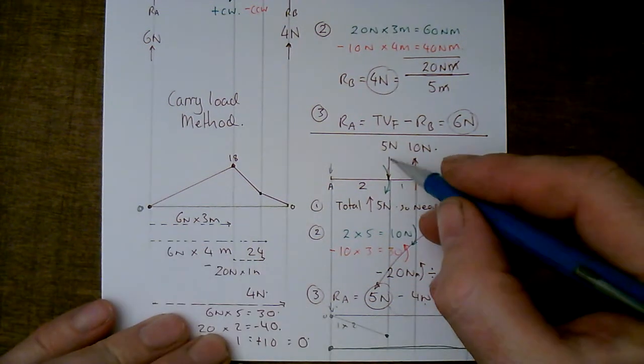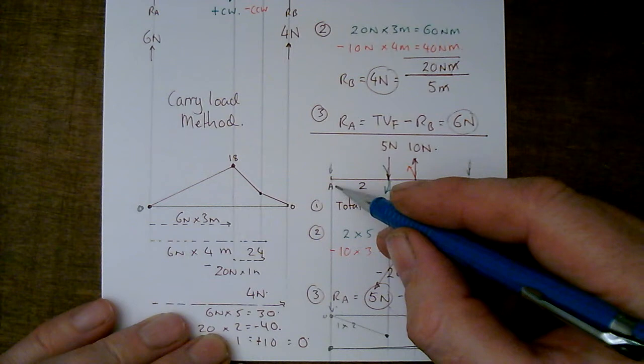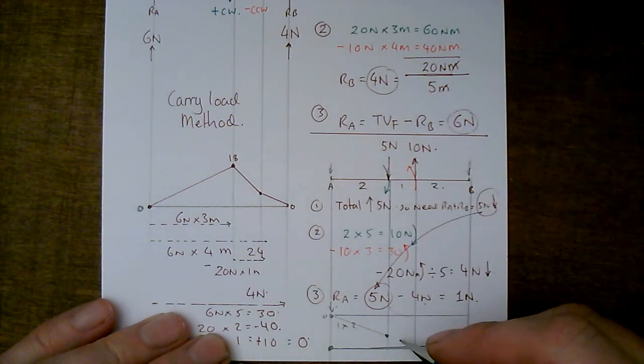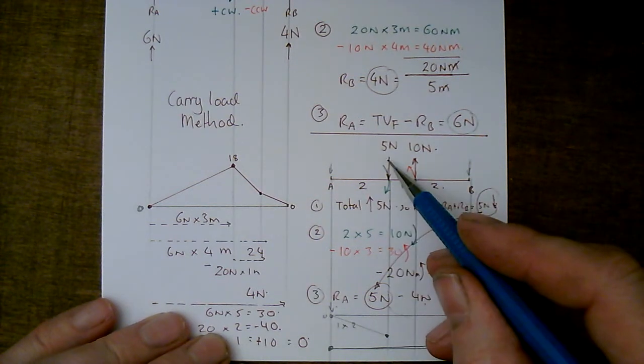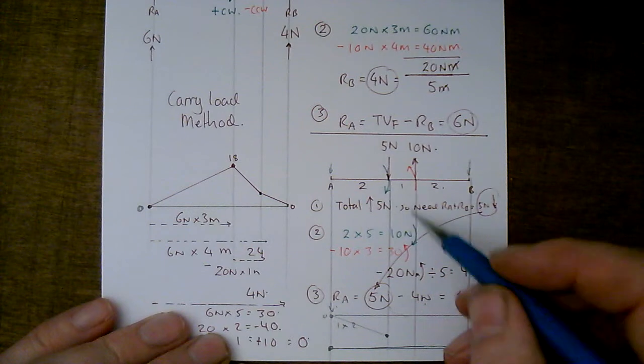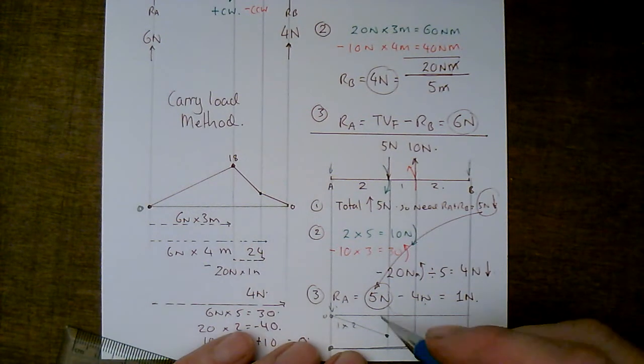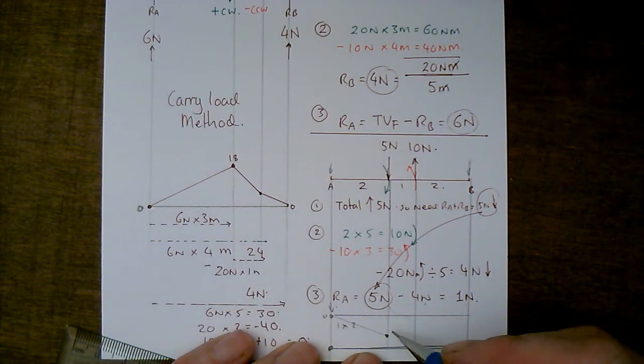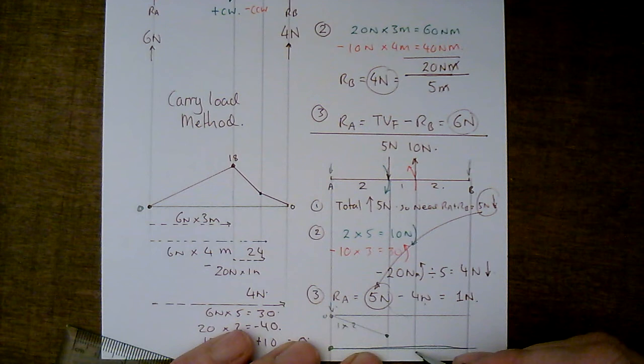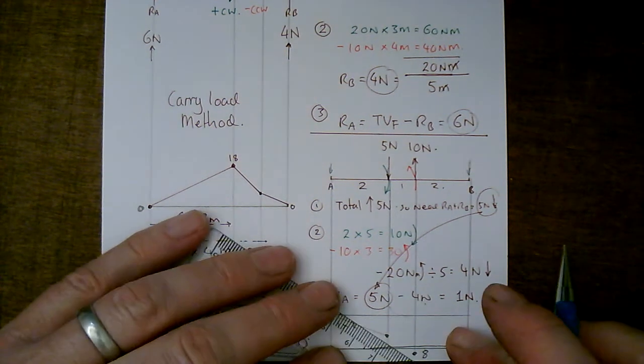Then we've got this point, 1 times 3, and plus 5 times 1. So 1 times 3 is 3, plus the 5 is 8. It's 8.